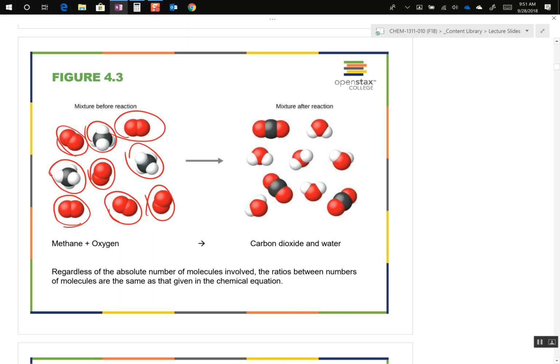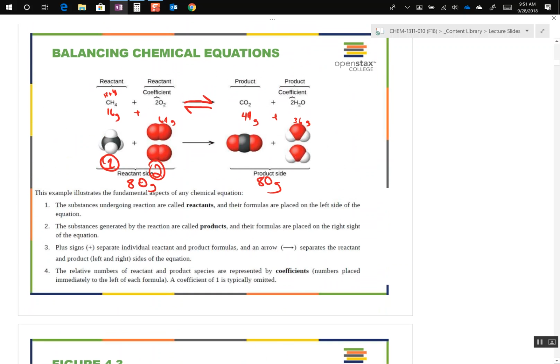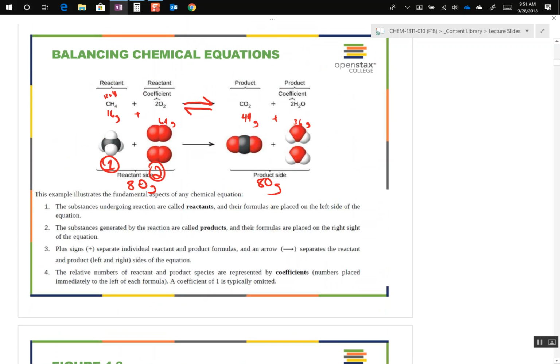If I have 1, 2, 3 methane molecules, it will react with 1, 2, 3, 4, 5, 6 oxygen molecules. Well, let's just say 3 methanes: how many carbon dioxides would I make, according to this chemical reaction and its balance? 3, right? Because 1 methane makes 1 carbon dioxide.